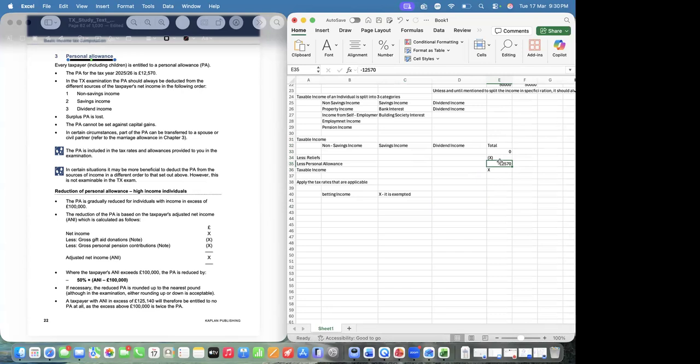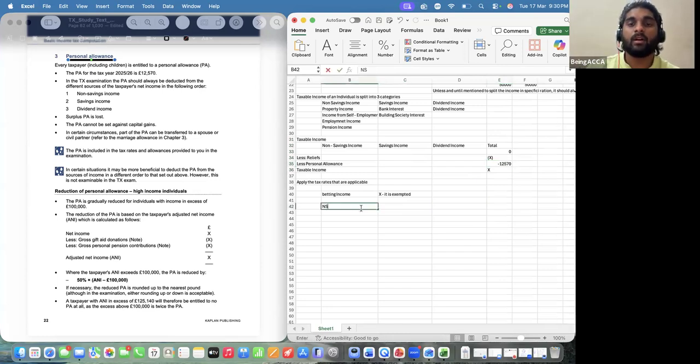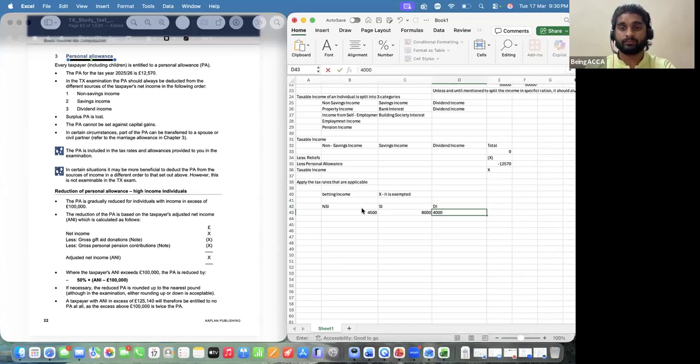Now let's assume that an individual is having non-savings income of 4,500, savings income of 8,000, and dividend income of 4,000, and with this a total.